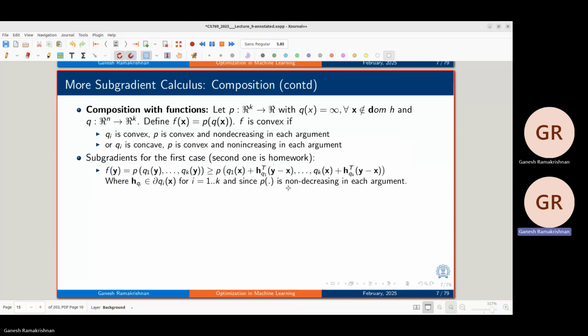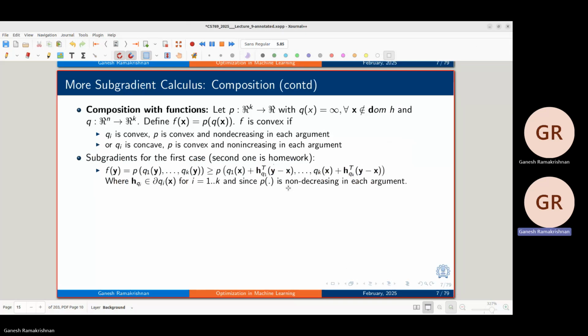So what have I done? I have written down one basic step at a time to show the existence of a subgradient for the overall function. I use the subgradients of the constituents to construct the subgradient of the overall function. The spirit is going to be very similar to this.